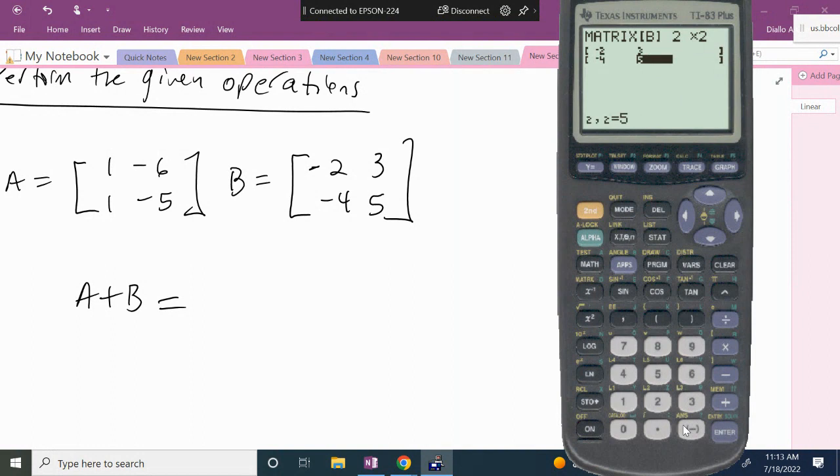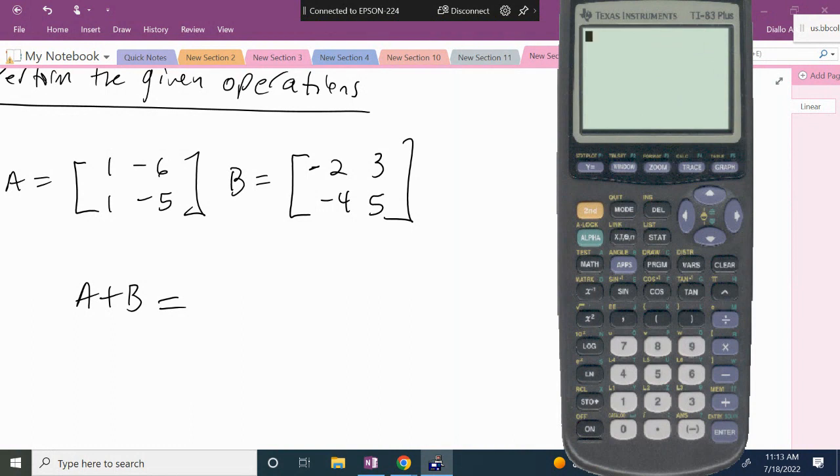Right, so I have matrix A in and I have matrix B in. I'm going to go back to the home screen, which is always important, right? You can only perform operations if you're on that home screen.